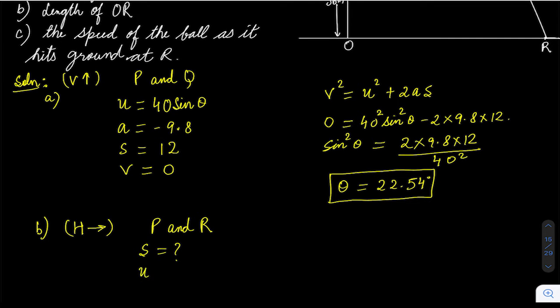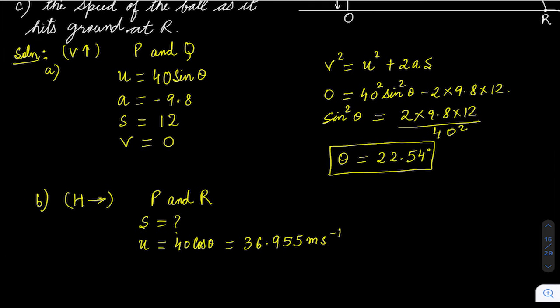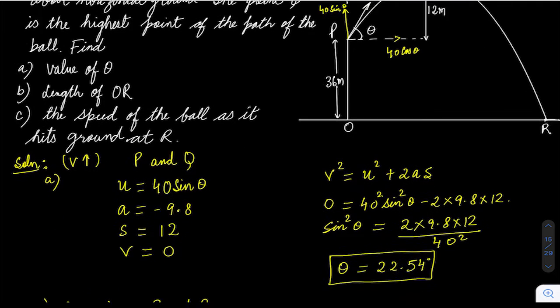My initial velocity is 40 cos theta and we know theta, so this will come out to be 36.955 meter per second. Do we have the time? No, we don't even have the time.